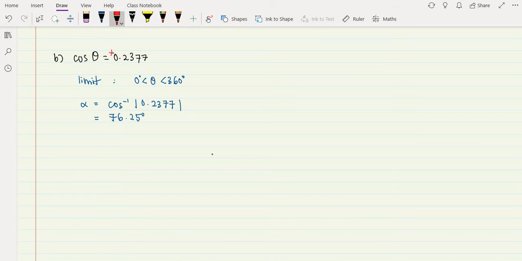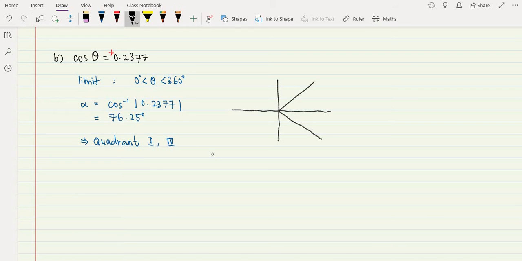Once we know that alpha is 76.25 degrees, we identify which quadrants. Since cos theta is a positive value, it will be in the first and the fourth quadrant. We draw the quadrants to easily look for our angle. Here is my alpha, 76.25 degrees, as well as 76.25 degrees in the fourth quadrant.